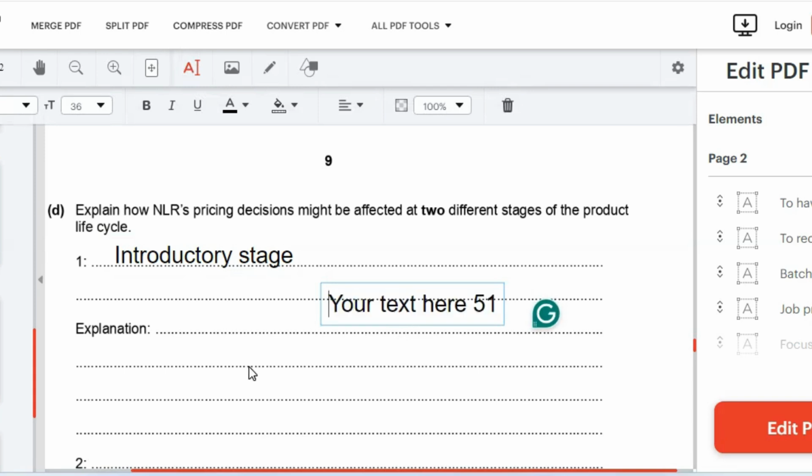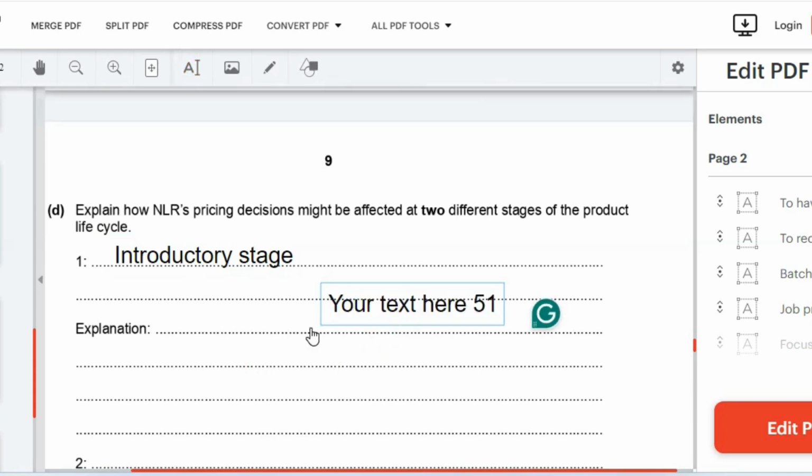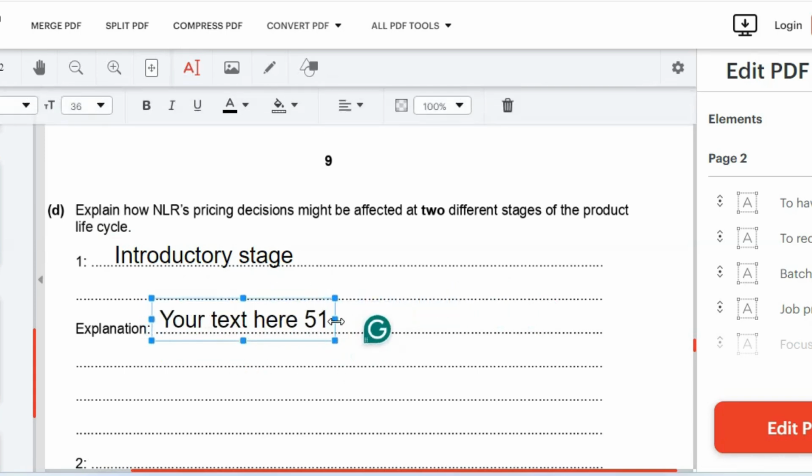Let us drag the text here before we give our explanation. Yes, the business might need to set a low price.